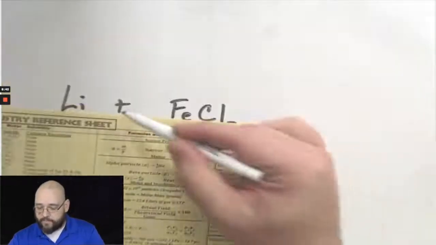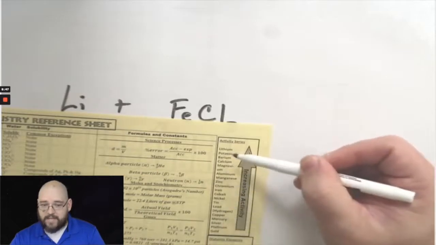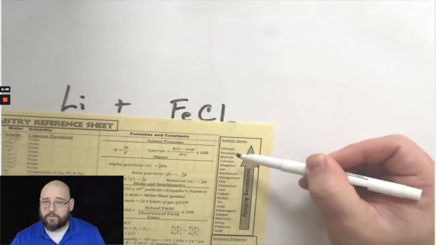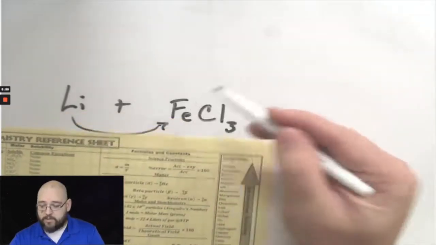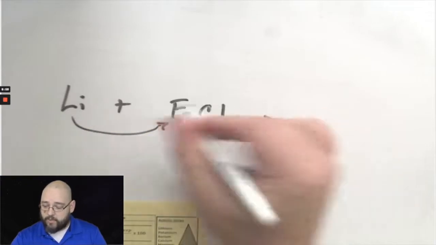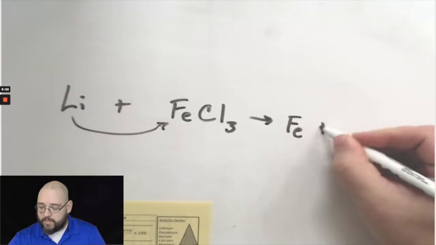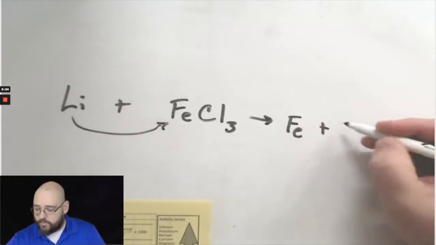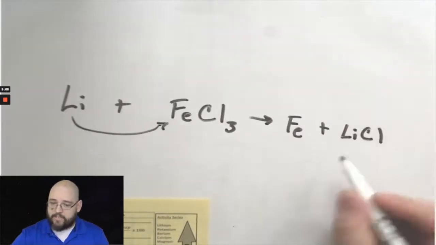So lithium is trying to replace iron. Lithium is at the top of the activity series, which means it can replace anything below it. So lithium can replace iron, so it will. I'm going to simply have them switch places. Iron is going to be a lone element now, replaced by lithium.